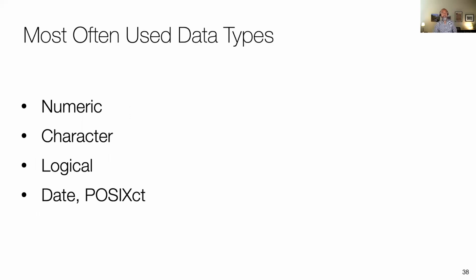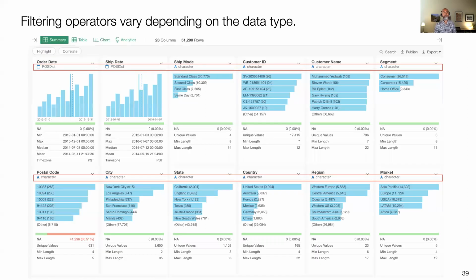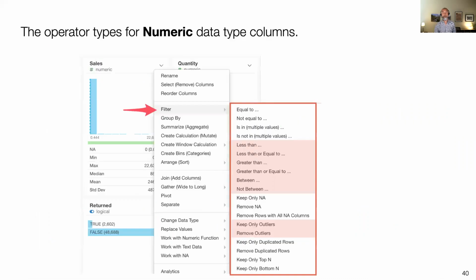Before getting there, there are four most commonly used data types: numeric, character, logical, and date and POSIXct. The data type is something you can see under the column name in a summary view or table view. When you select the filter from the column header menu, you see the submenu. This submenu is pretty much the same, but based on the data type, you see slight differences.